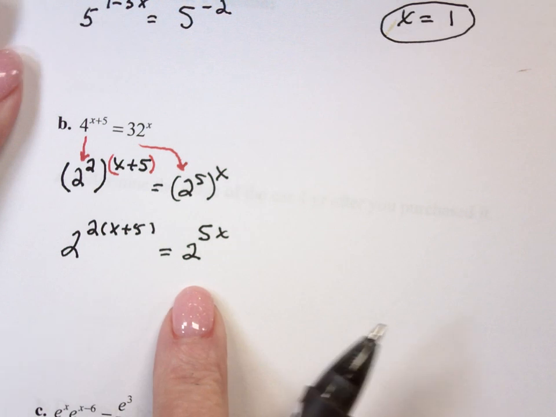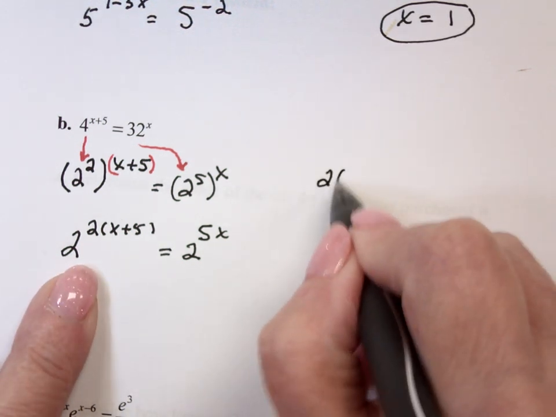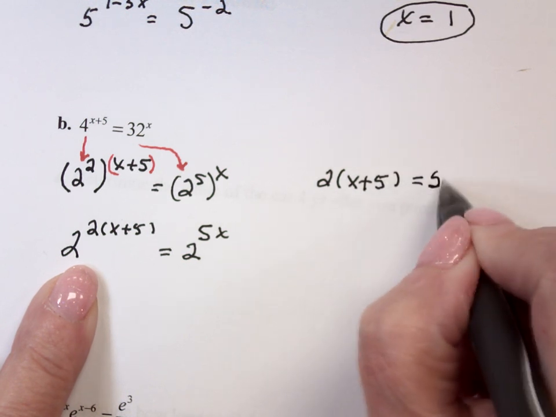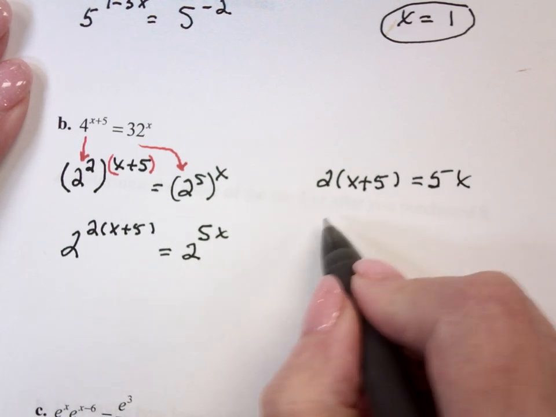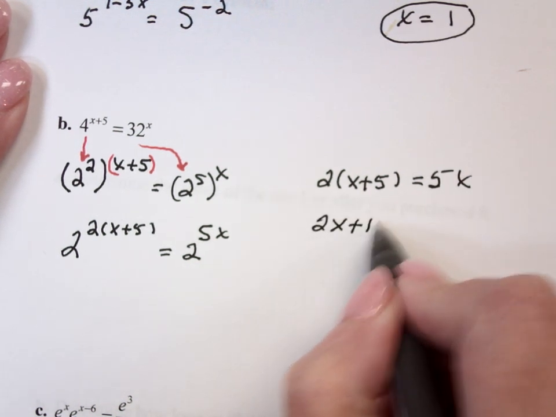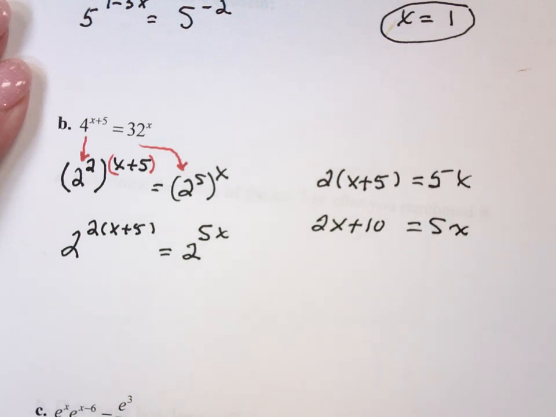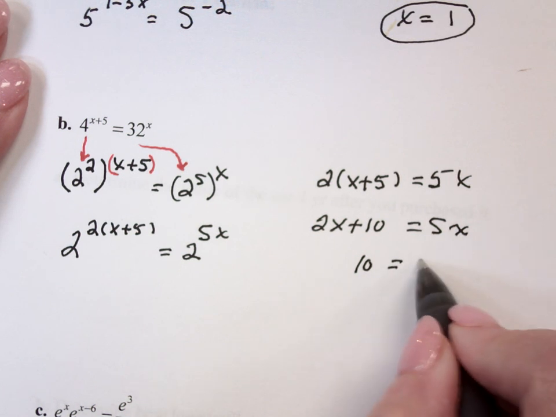So now we follow through. The bases are the same, so the exponents are equal. So this says 2 times x plus 5 equals 5x. And now you've got a simple linear equation. 2x plus 10 equals 5x. Subtract 2x, 10 equals 3x.